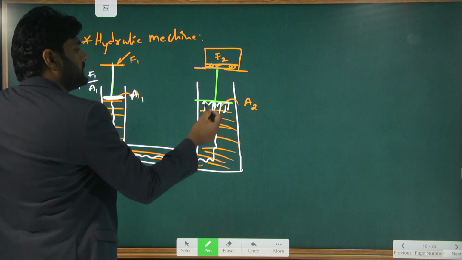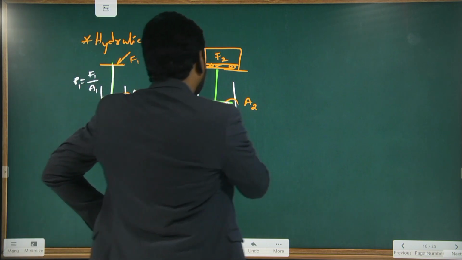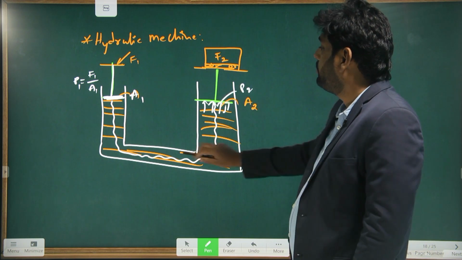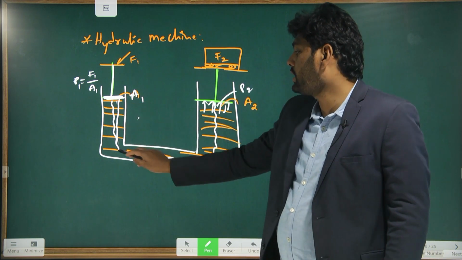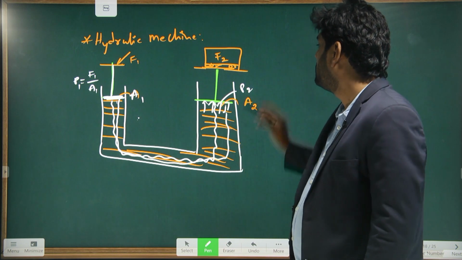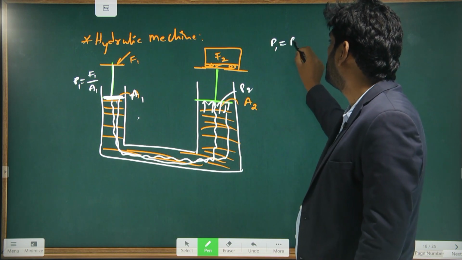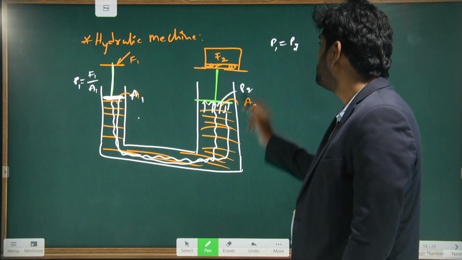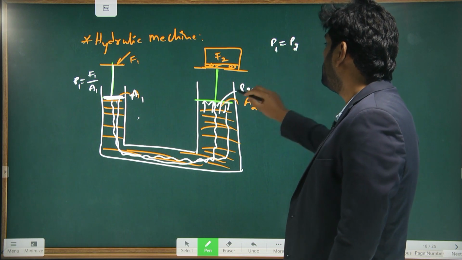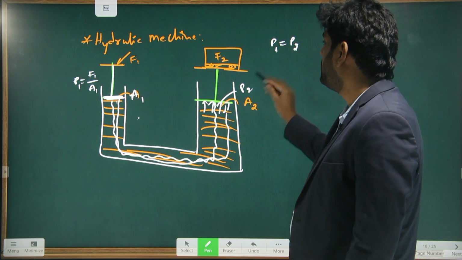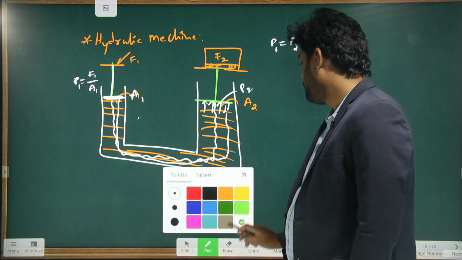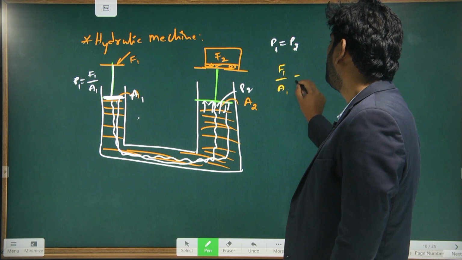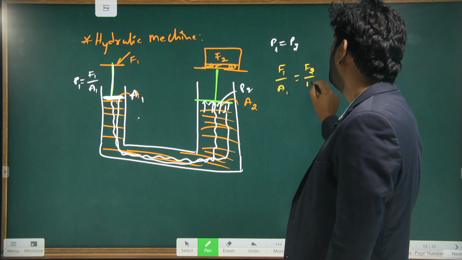When it reaches the other side, some pressure is exerted there also. You can take it as P2, but whatever pressure is exerted here, the same pressure reaches this position, which means P1 is equal to P2. Understand? But P1 means F1 by A1, and P2 means F2 by A2.